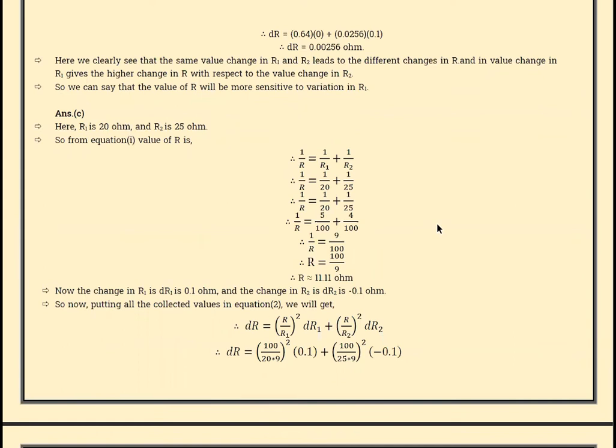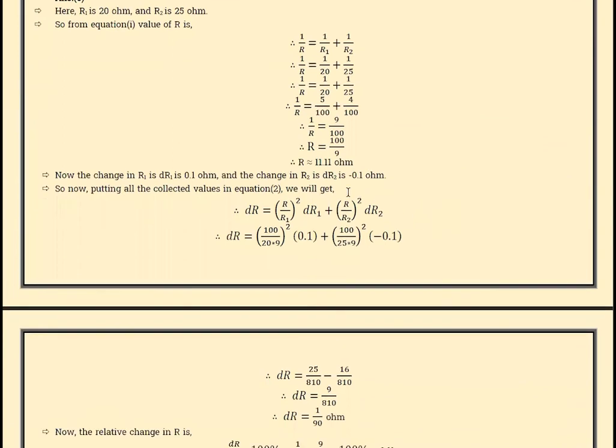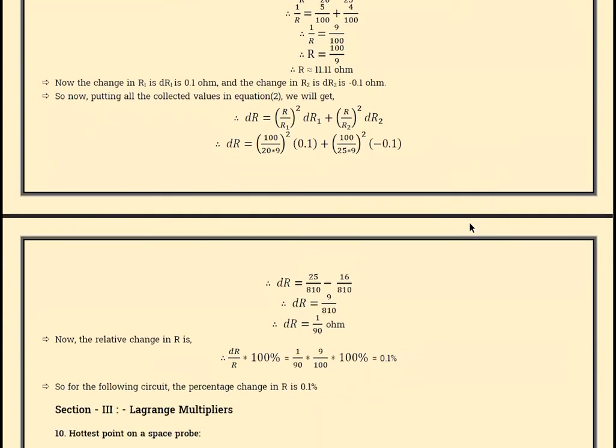So we have dR1 equal to 0.1 ohm and dR2 equal to minus 0.1 ohm, and put all of these values in equation number 1. We will get dR equal to 1 upon 90 ohm, and for the relative change in R, the equation is dR upon R into 100. With the help of this we get the percentage change equal to 0.1 percent. So that's the answer to this question.